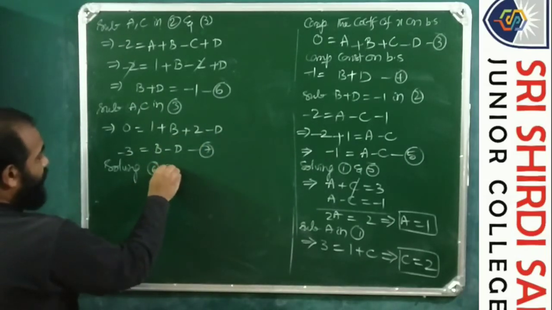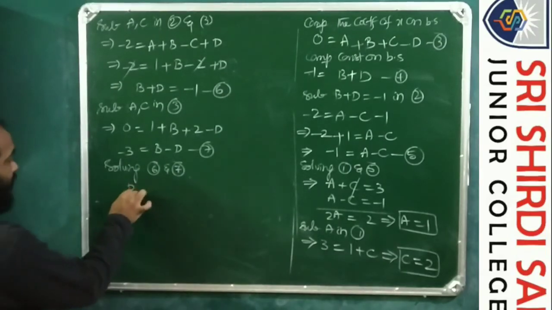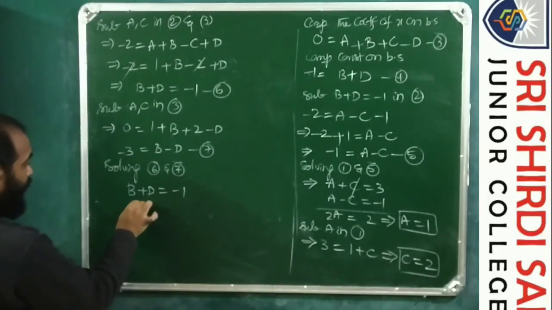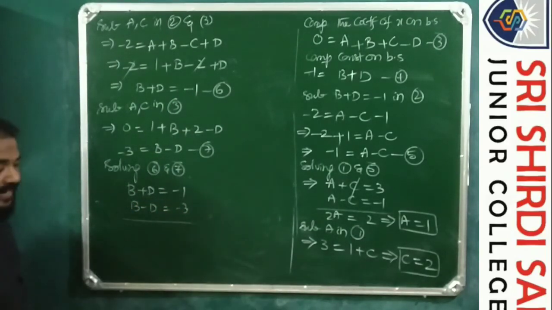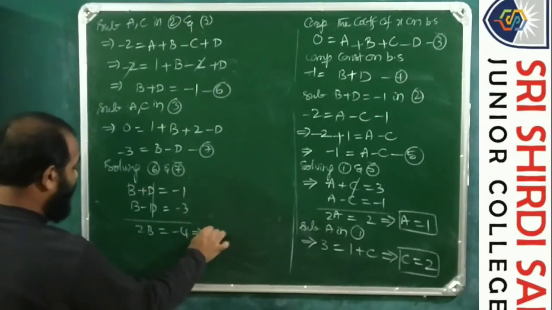Solving 6 and 7, we get b plus d is equal to minus 1, b minus d is equal to minus 3. So adding these two, 2b is equal to minus 4, b is equal to minus 2.